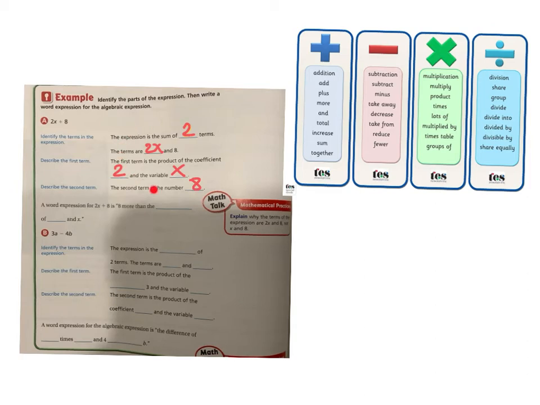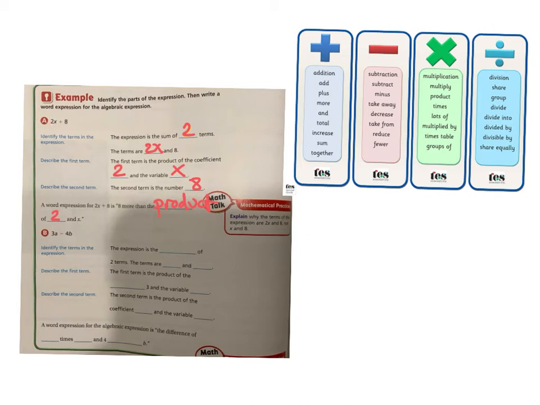So now that we've broken it down, a word expression for 2x plus 8 is 8 more than the product, because we still have to multiply 2 times x, so the product of 2 and x. So that's how the translation can happen from the expression into this.